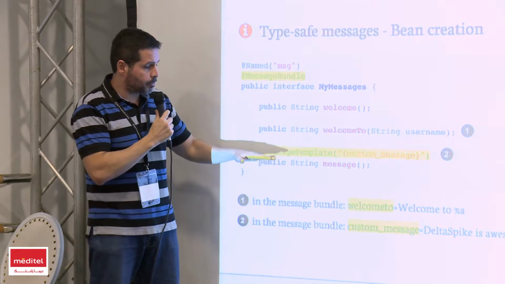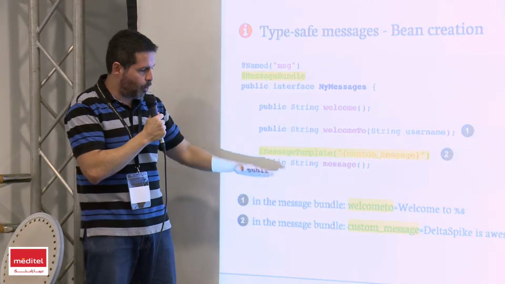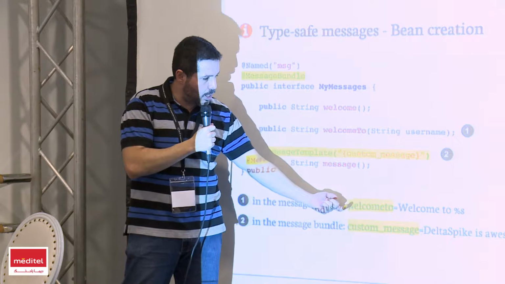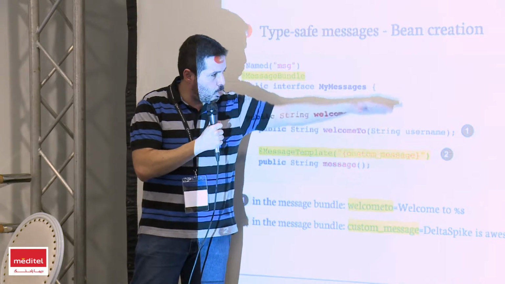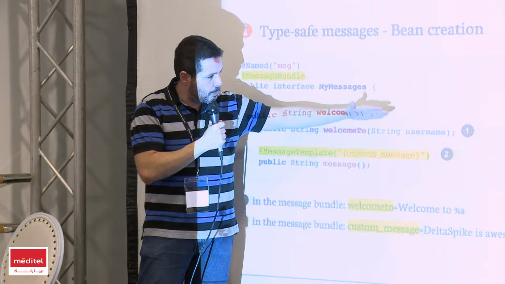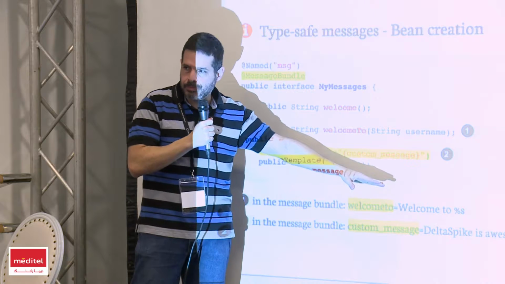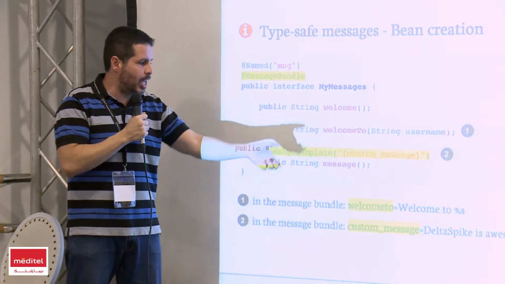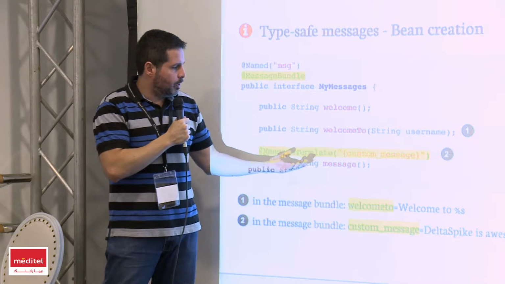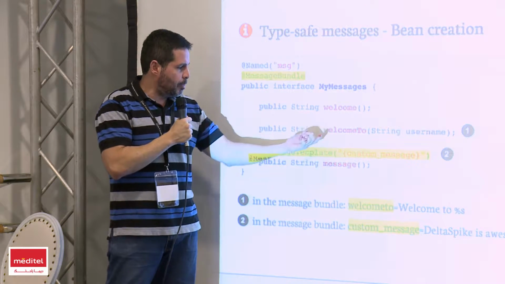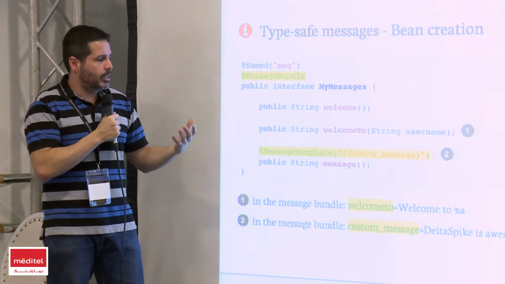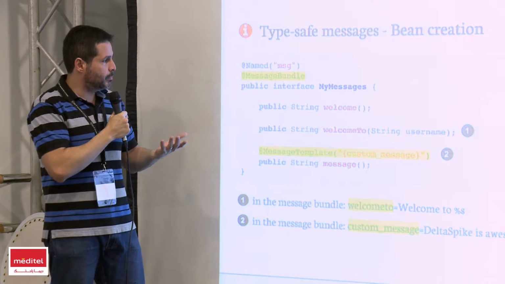DeltaSpike will look in the resource bundle for a key called welcomeTo, and whatever parameter I place here will go into the translation in the file. And of course, I can use not only the name of the method, but I can specify here the key that I want to use instead.